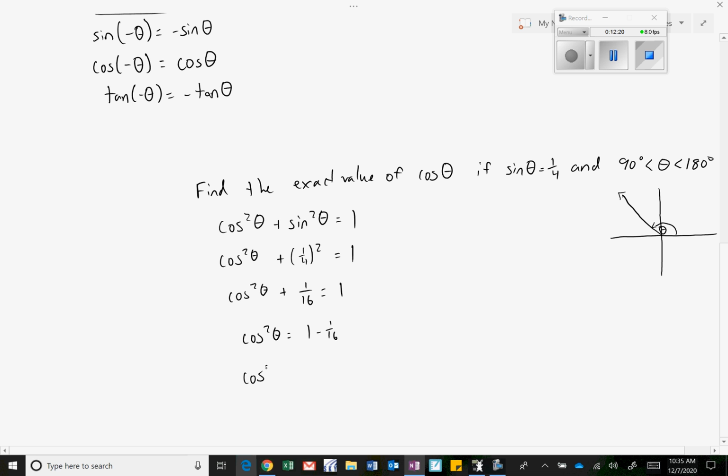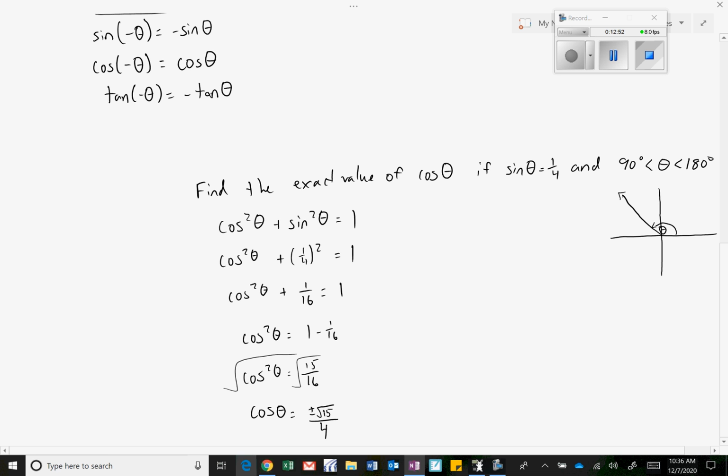So cosine squared of theta equals 15/16. Okay. And then when we take the square root of both sides, we're going to get the cosine of theta equals, remember whenever we take the square root, you got to do plus or minus. So plus or minus the square root of 15 divided by the square root of 16 is nice. It's just 4.